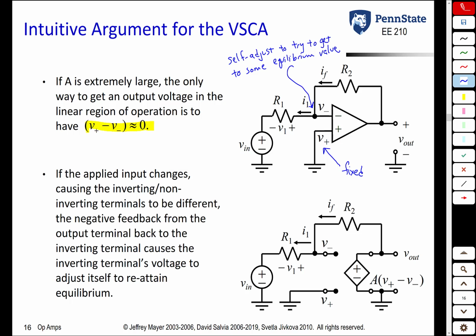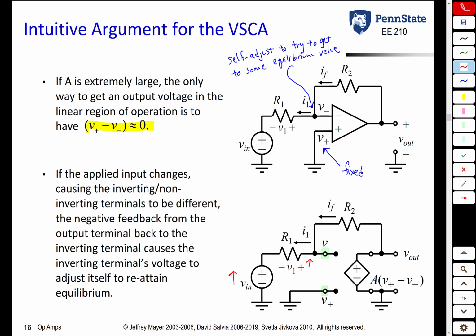So let me try to explain how that happens here. Let's assume that you have some equilibrium where the voltage at the non-inverting terminal and the voltage at the inverting terminal are close to each other. So you have some input voltage and you have those things close to each other. What happens if you do a slight increase to the input voltage? A slight increase to the input voltage is going to cause what?